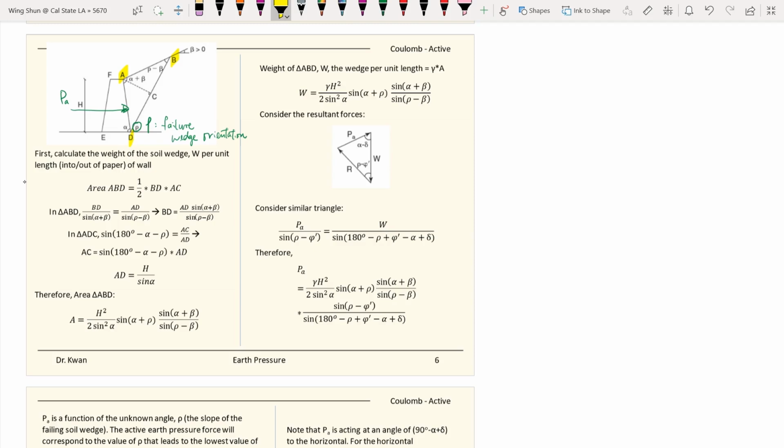And for side AD, again it is a right angle triangle, so it equals H over sine alpha. If we plug all this back into the area calculation, 1/2 times BD, which we found, and also AC, then we get this area formula.